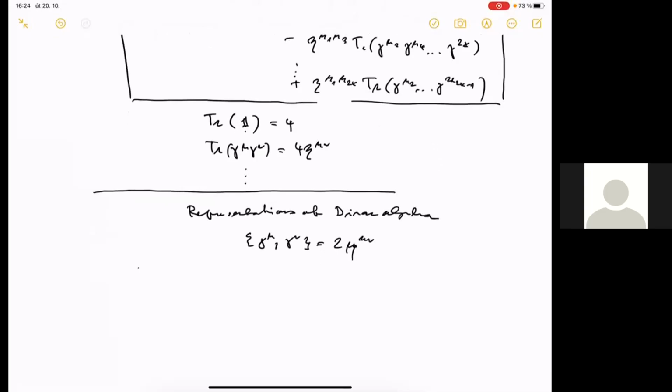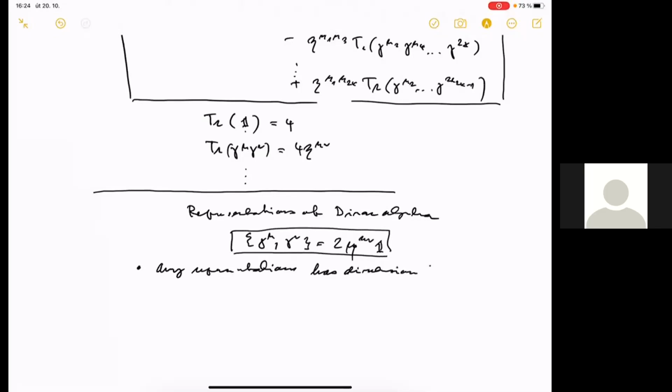It can be proved, and you will probably do it in the seminar, that any representation of these anti-commutation relations has dimension which is larger or equal to 4. And the case when the dimension is 4 corresponds to an irreducible representation.